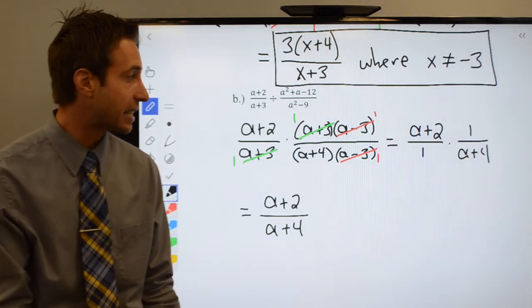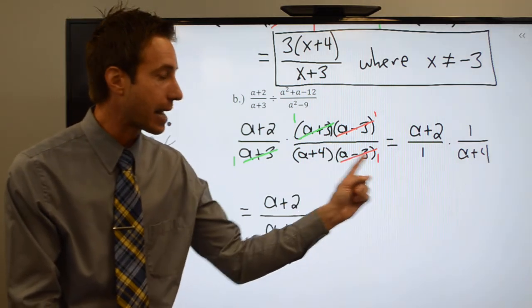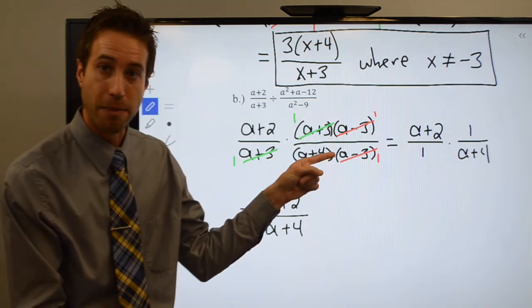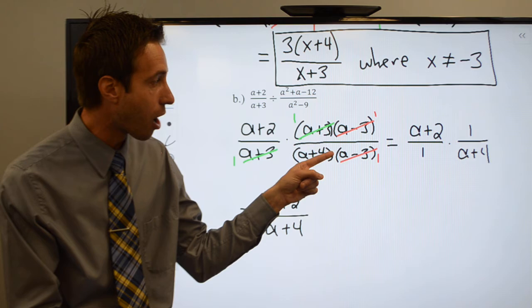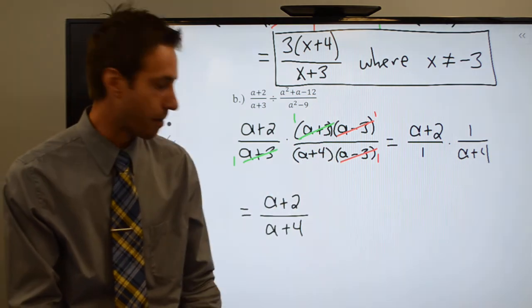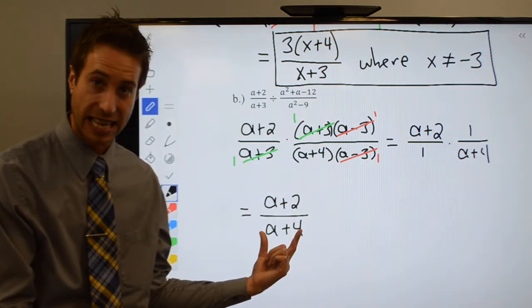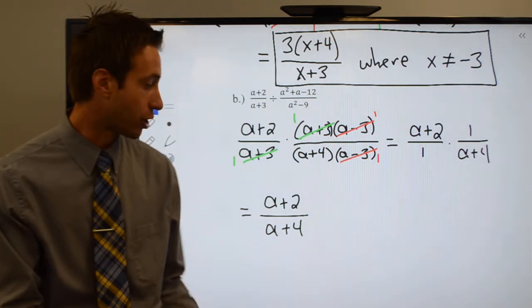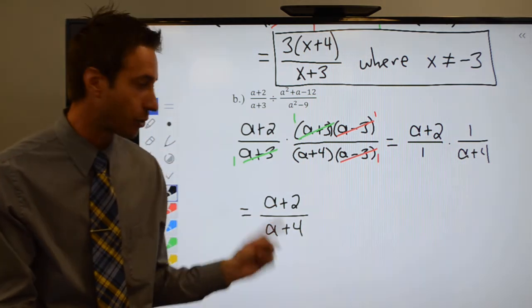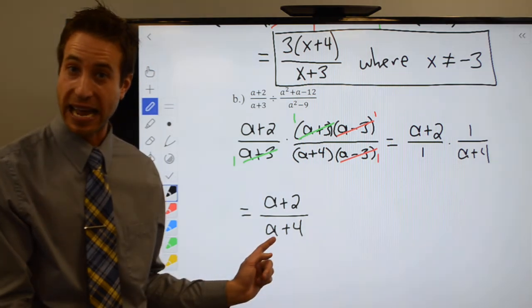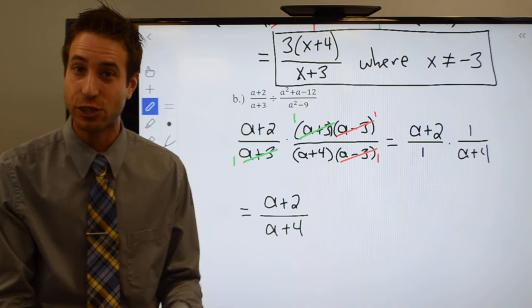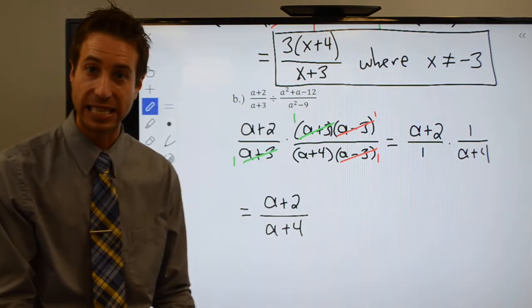The reason that I can cancel a minus 3 and a minus 3 is because those quantities are multiplied here and multiplied here. Because of that product, they'll cancel top and bottom. I don't have a product down here. I have a sum. I cannot cancel through addition. Please do not cancel that a in the top and that a in the bottom, or reduce the 2 and the 4. You cannot do that because of the addition.